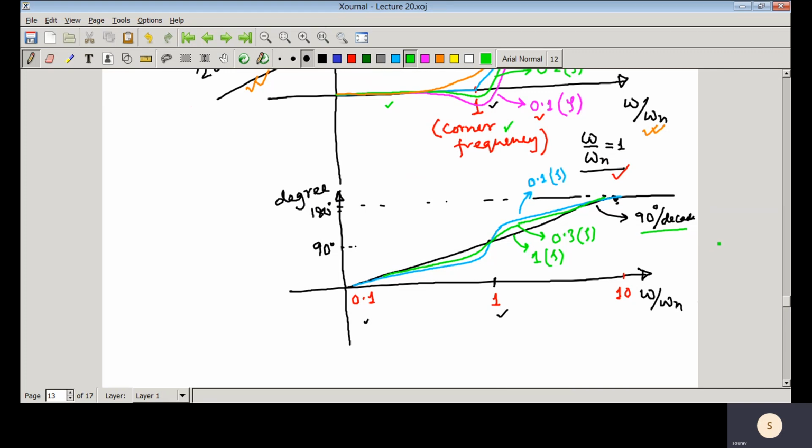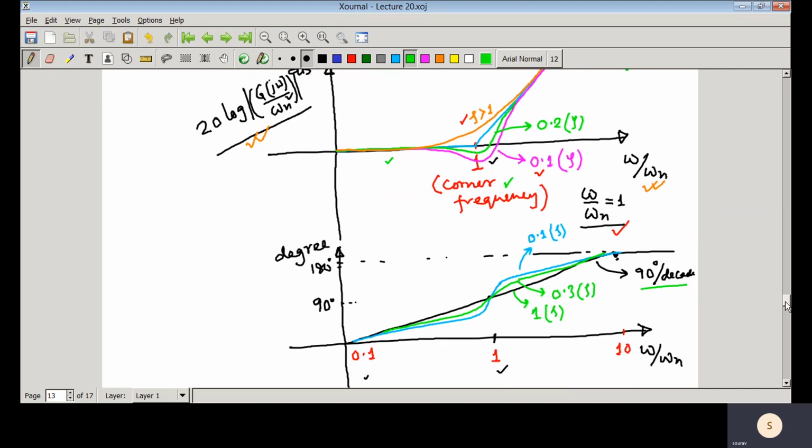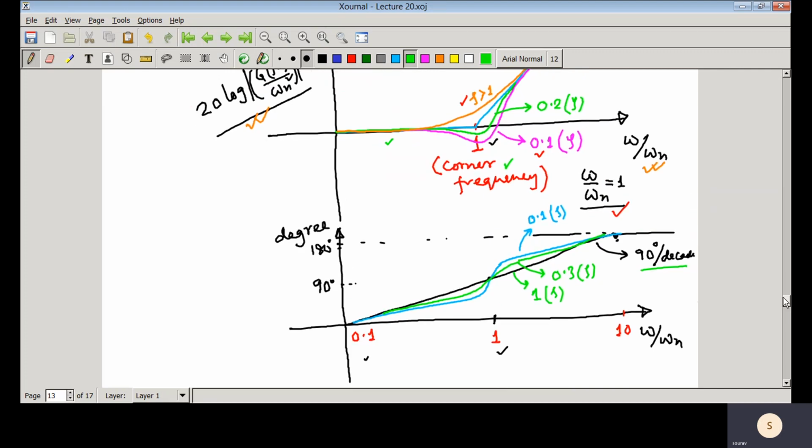In case of only S or S plus A, we have seen that the slope is 45 degrees per decade, and here it is 90 degrees per decade, and we can see that phase and gain both depend on the zeta value.